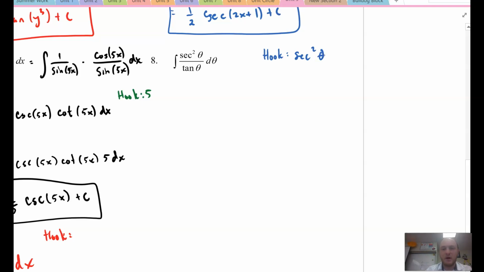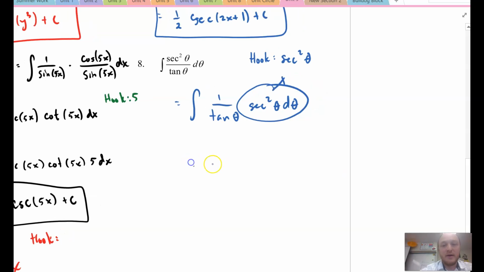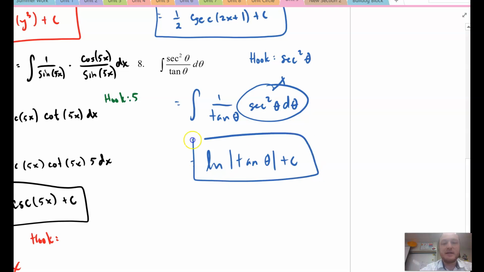Hey, don't I have that already accounted for in my numerator? Yes. Okay, so I'm going to go ahead and rewrite this as 1 over tan theta times secant squared theta d theta. Right, and then here's your hook that goes away. So this would be the natural log of the absolute value of tan theta plus c. And there you are. That's your answer.